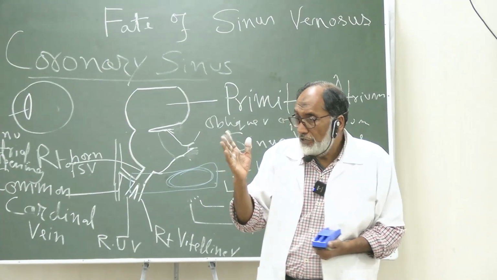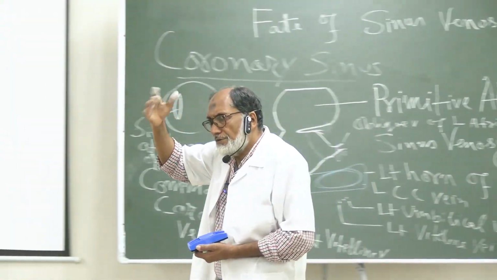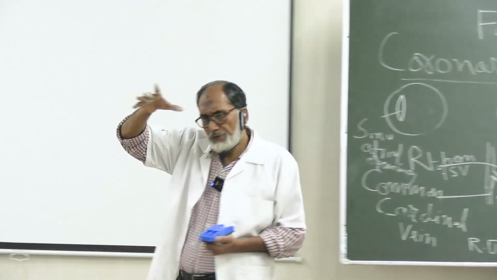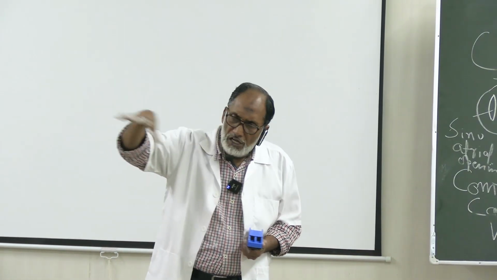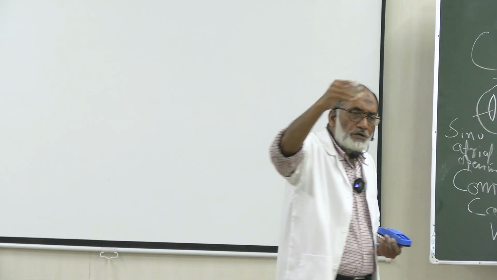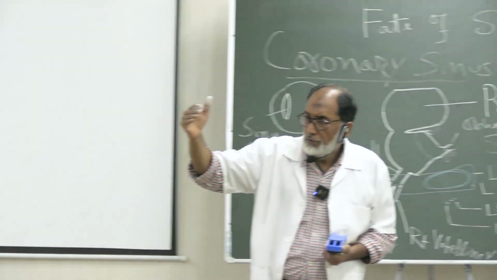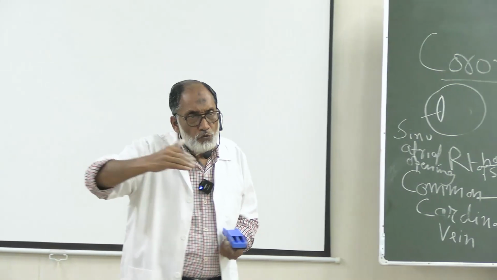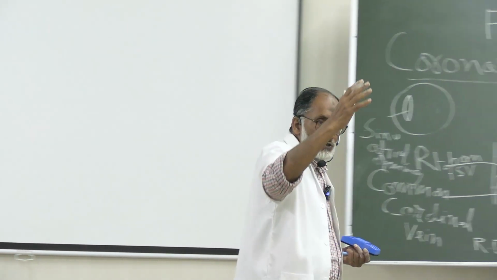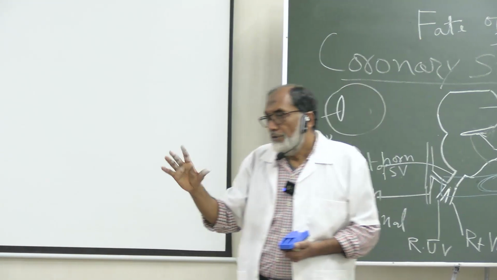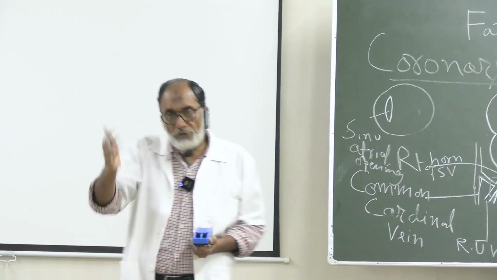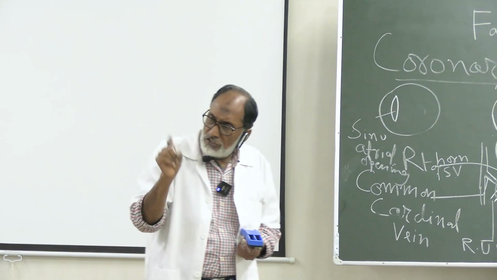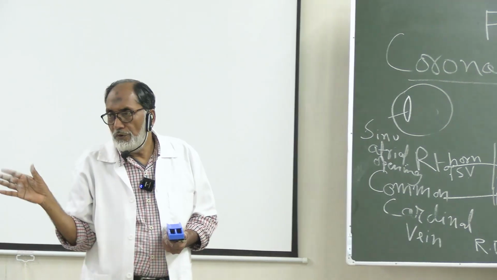Now this septation actually, heart tube develops. I have already told you during the third week, the nutritional demand of the embryo is much increased, and to satisfy this nutritional demand, a separate vascular system has to develop.